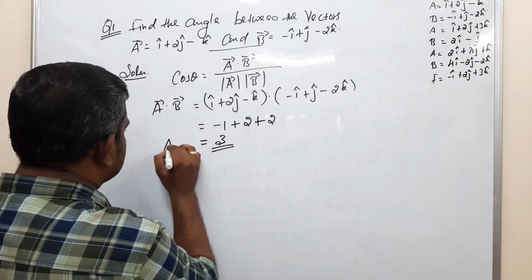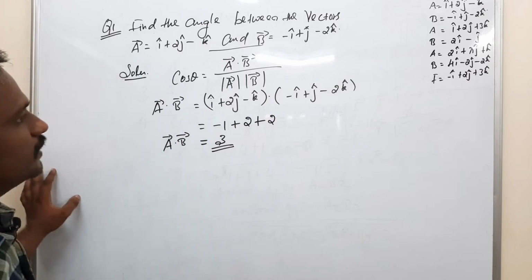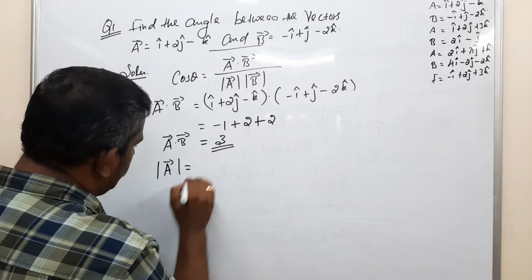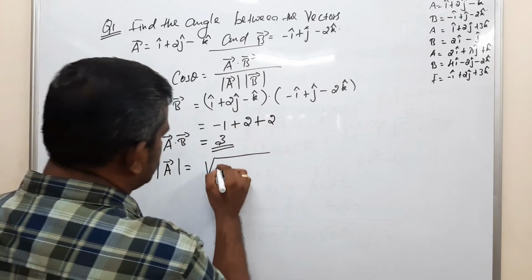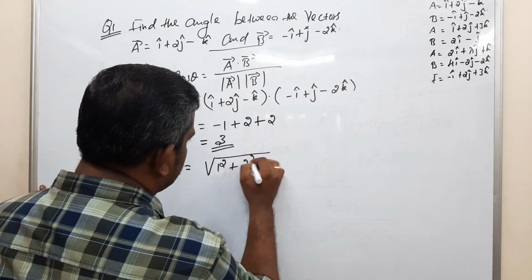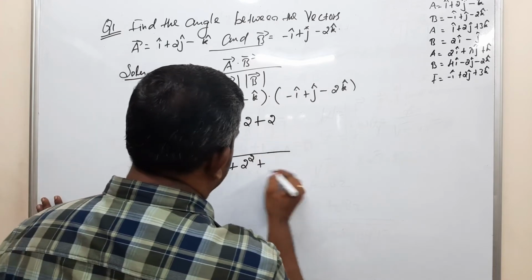So this is A vector dot B vector. Then modulus of A vector. Modulus of A vector is equal to square root of coefficient 1 square plus coefficient 2 square plus minus 1 square.